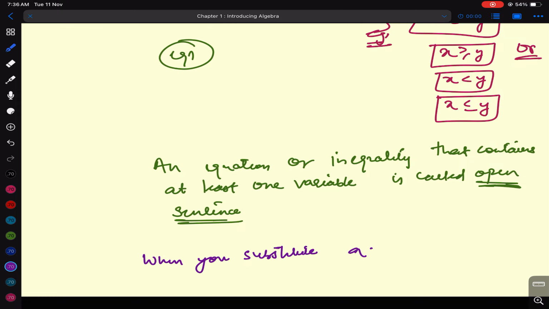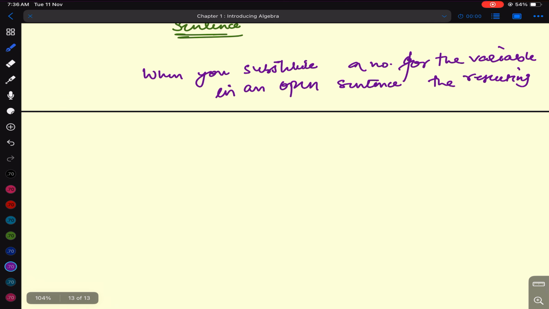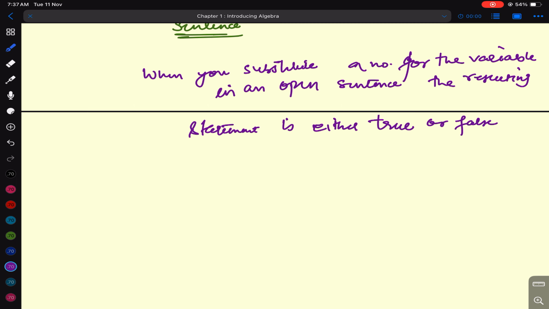When you substitute a number for a variable in an open sentence, the resulting statement is either true or false.